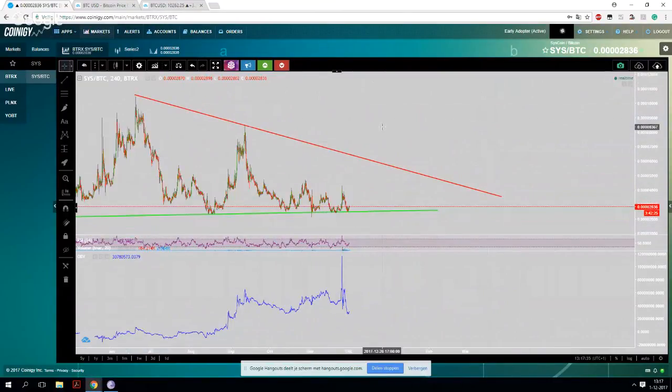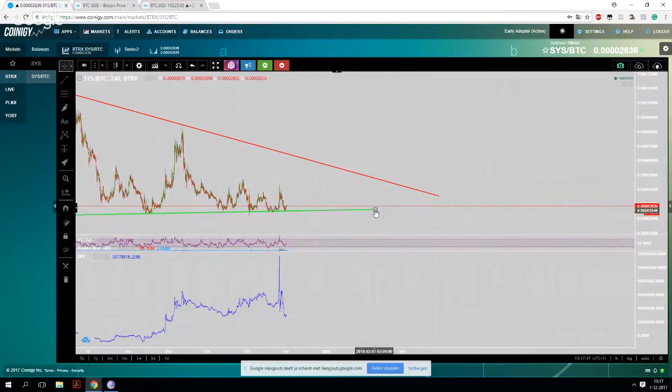So I'm also going to adjust the target for SYS. The longer this is taking, the lower our target will be. And we are approaching 2018. I think this is the 3rd month of 2018. Right now our target should be 6,000 Satoshis.